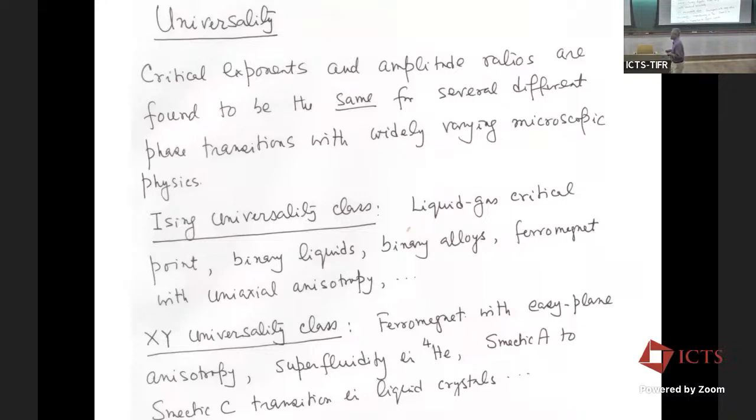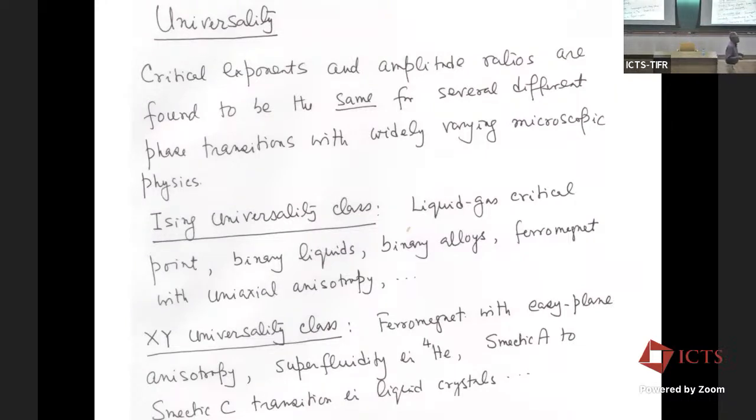I also told you that there are many systems which apparently are very different, where the basic microscopic physics could be very different, but near a critical point, they show very similar behavior. That concept was known as universality, where there are these classes of systems, and in each class there would be several different systems, and their microscopic physics, Hamiltonian, etc., are quite different.